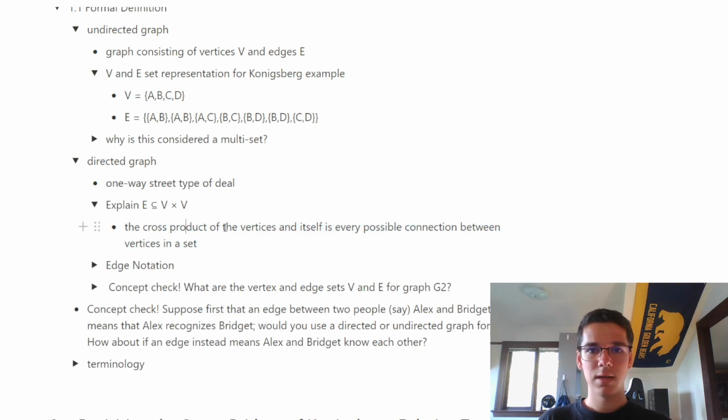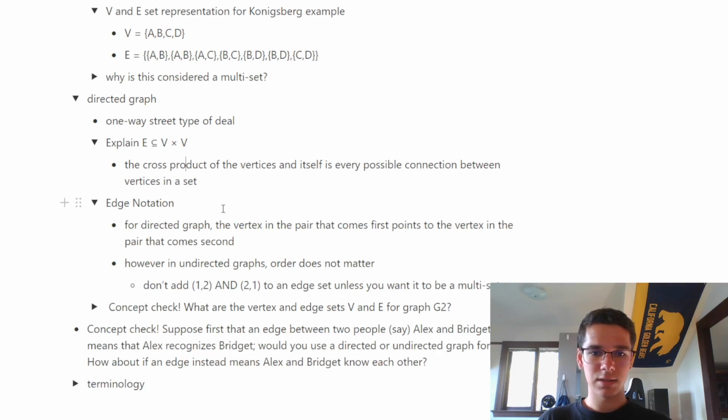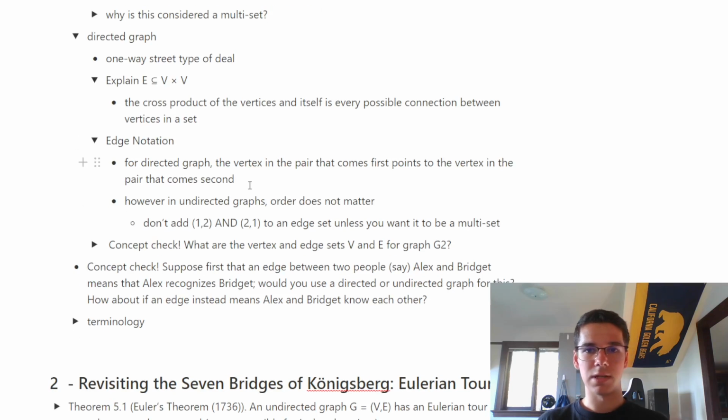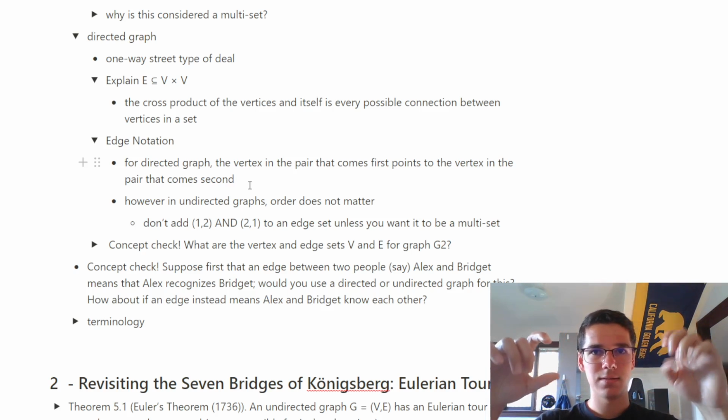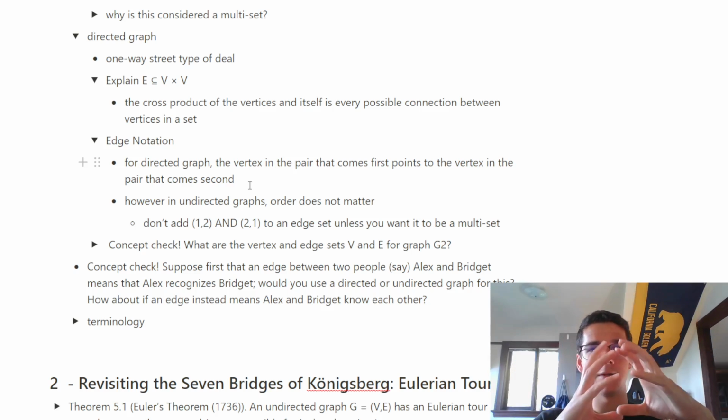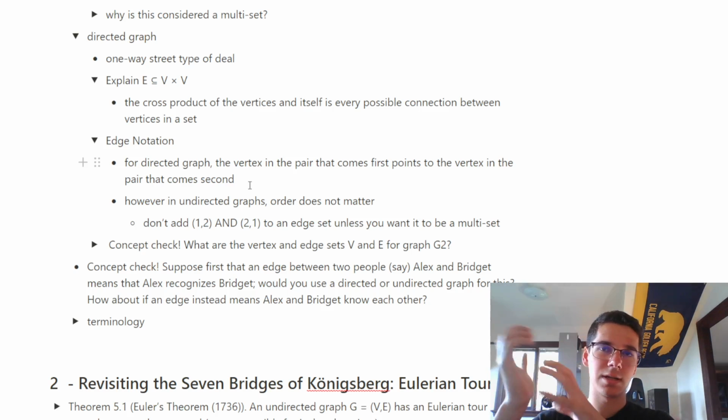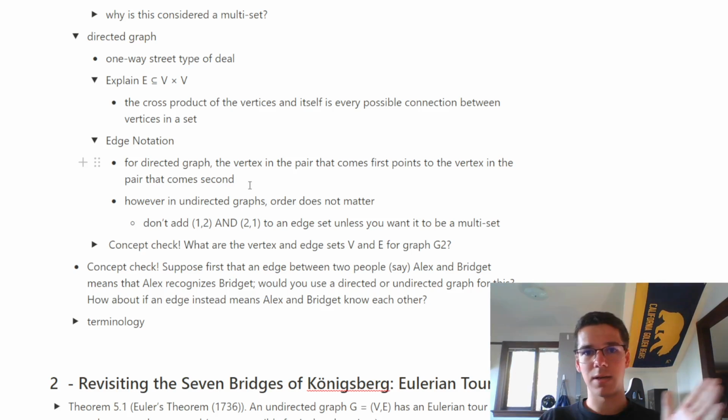So that's that. Edge notation changes slightly whether we're dealing with an undirected graph or a directed graph. So for an undirected graph, the order doesn't really matter. Basically, we have a set that's denoted by E, and then we have pairs, which are technically also sets, that are in that overarching E set.